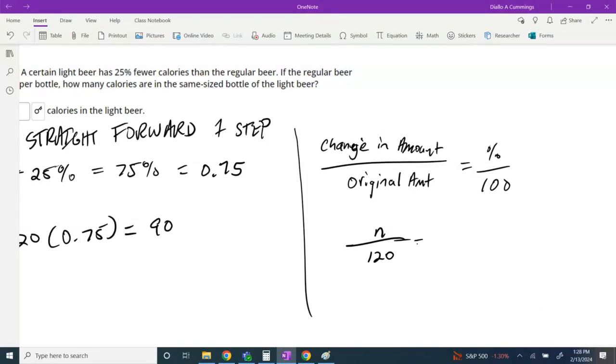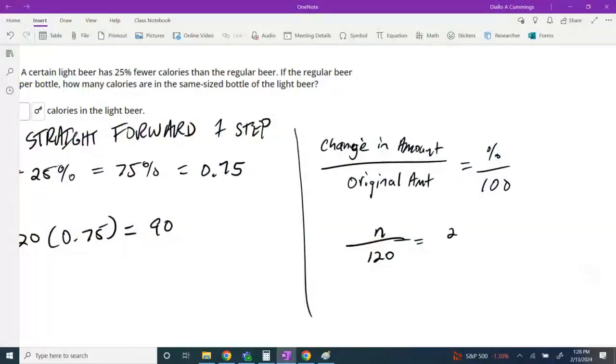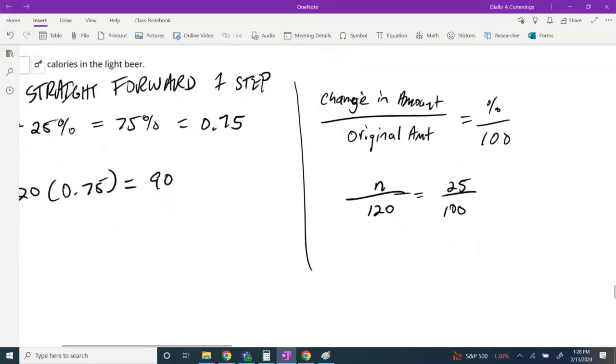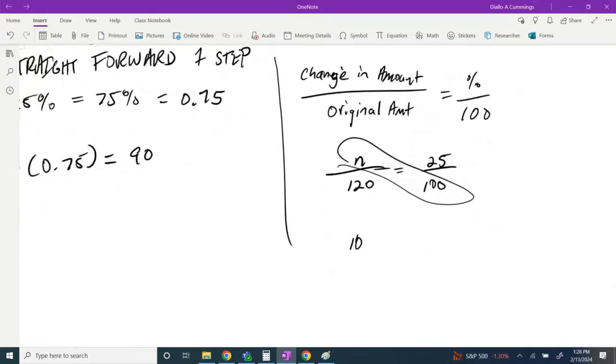I'm going to set that equal to 25%. So for 25%, I simply remove the percent symbol, and in the numerator, I put 25 divided by 100. So now if I cross multiply, N times 100 is 100N.